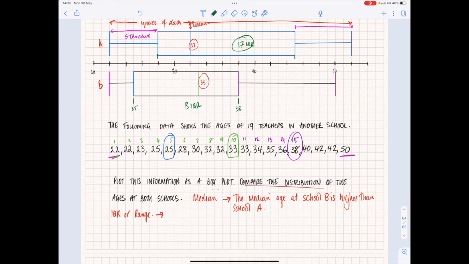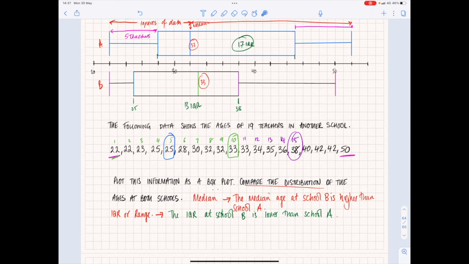So we can therefore say the interquartile range at school B is lower than school A. What that means is more of the data is closer together. If your interquartile range is really wide, it means that 50% of your data is spread out. If your interquartile range is lower, it means that your data is closer together.